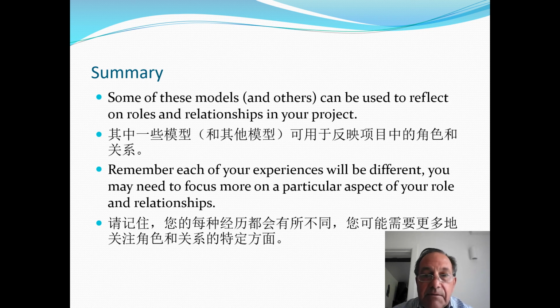I would expect that to be the case, especially for those of you who've had difficulty in actually completing all of your projects. But you've still got a great deal of matters to reflect on in terms of how relationships were developed and how the roles that you planned to undertake were played out in reality.